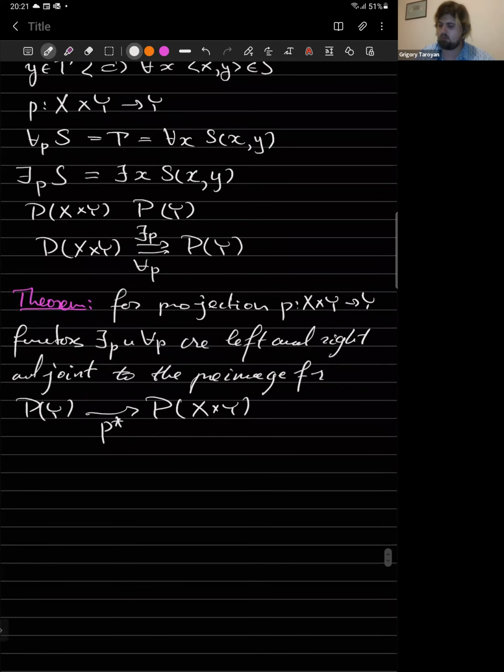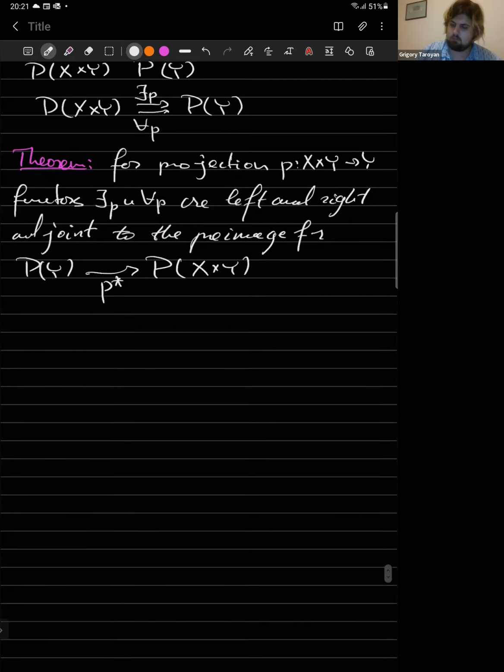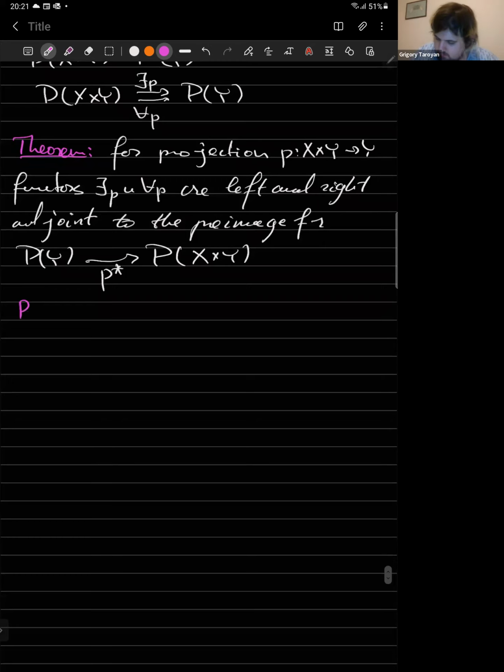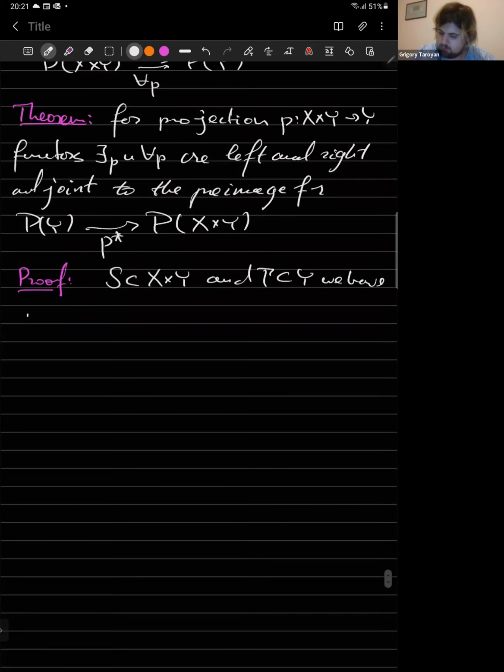Yeah. So the proof of this theorem is very straightforward. For S in X times Y and T in Y, we have the following equivalences.